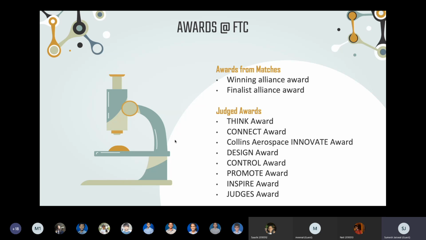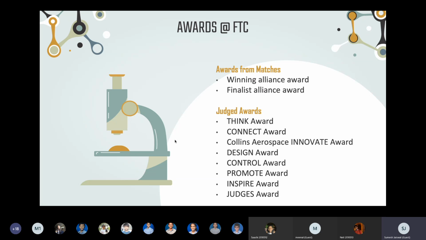The captain of the team that wins the finals gets the winning alliance award, and the team that comes second, the one that loses the finals, gets the finalist alliance award.